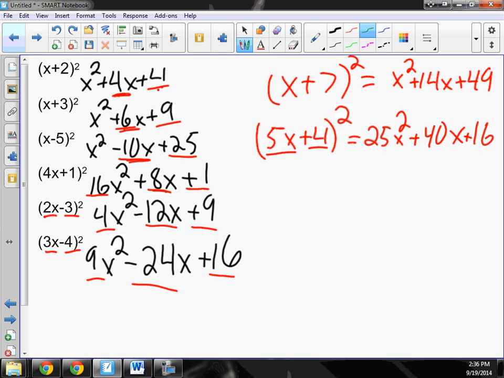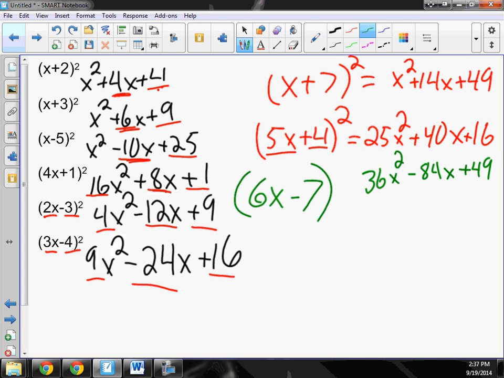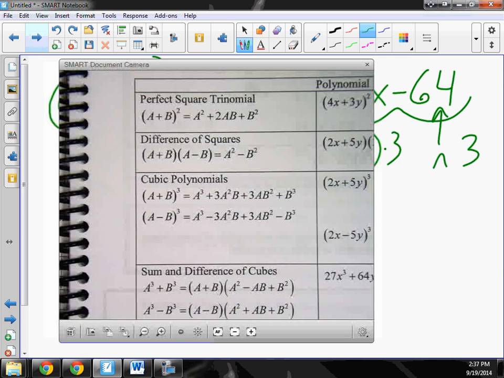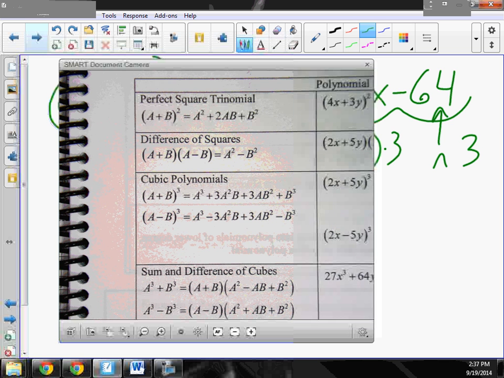Hang on, I'll go back. So we know that if I have 6x minus 7, it's going to be 36x squared minus whatever the double is of 6 times 7. So 42 times 2 is 84x, and then plus 49. So you know that one, right? You can have the formula, but you probably won't use it. So the first one plus double the product of first and last plus the square of the last.